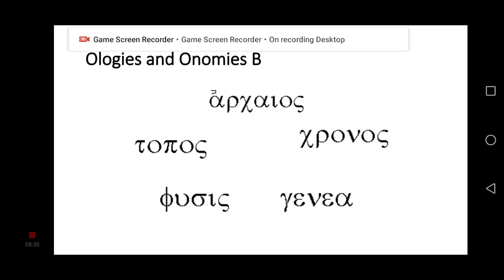So we've got another few for you to see if you can recognise and put ology or onomy on the end. Let's have a little look. Archaeology, the study of archaios, ancient things. Chronology, chronos, the study of time. Topos, topology, the study of place.